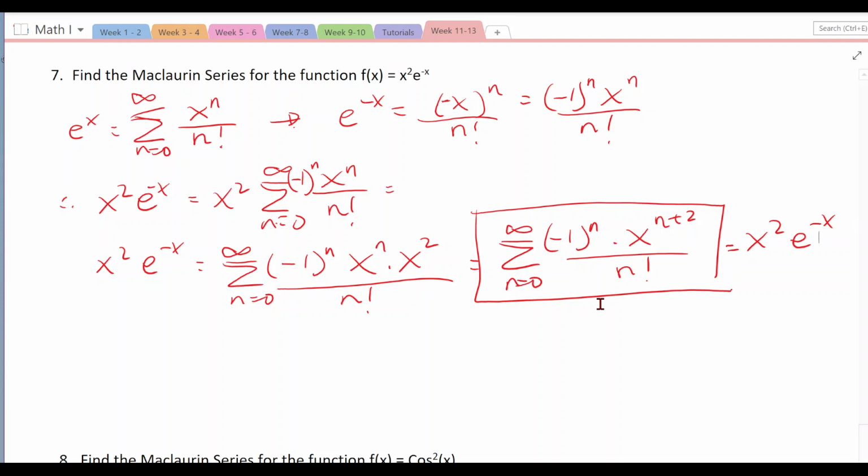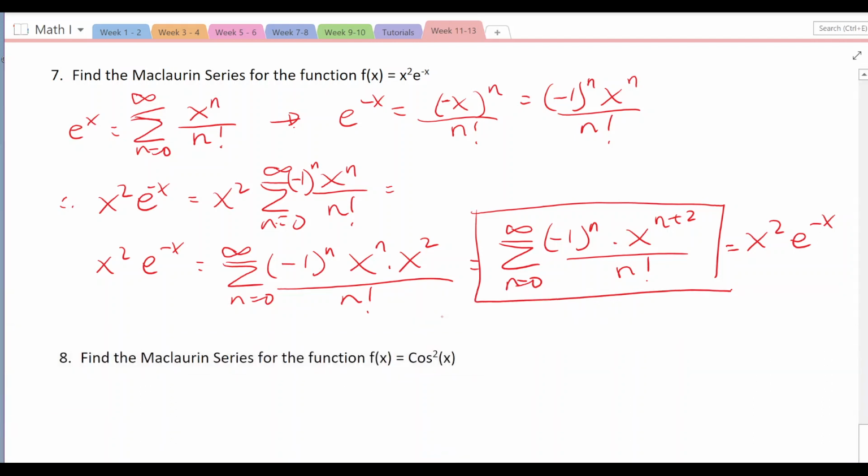Okay, let's do another one, the simplest one also, the one below here. What happens if we try to find the Maclaurin series of cos squared x that I already mentioned?